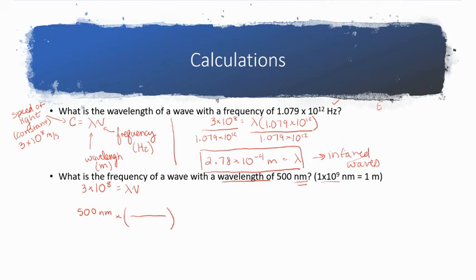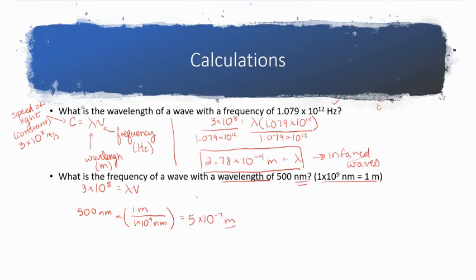Thankfully, we're given this conversion that for every 1 meter, we have 1 times 10 to the 9th nanometers. So we divide 500 by 10 to the 9th. Again, that E button will become super handy. And we'll find that our wavelength is 5 times 10 to the negative 7 meters.